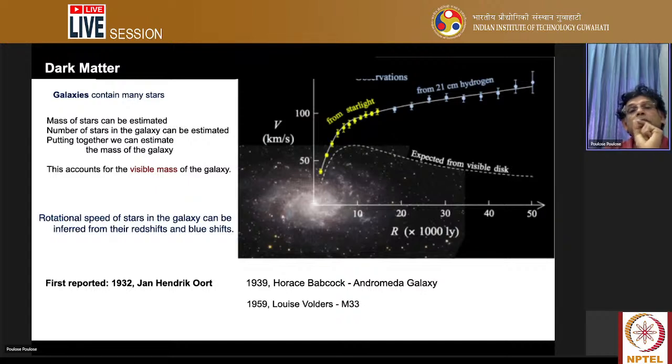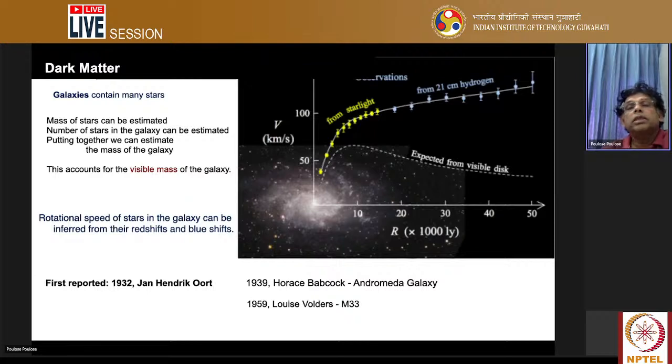We can also find out the individual stars and their motion, which means the velocity of the stars in the galaxy. This had been done painstakingly by observers, and we have two different curves, one for the light and one for the velocity of the stars, if you plot them against the distance from the center.